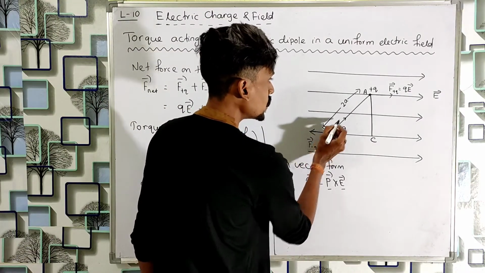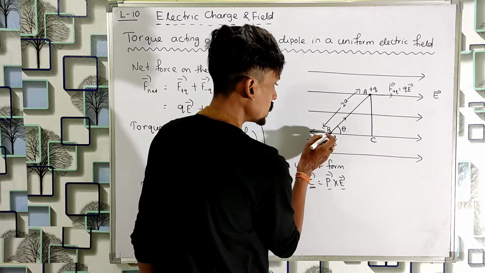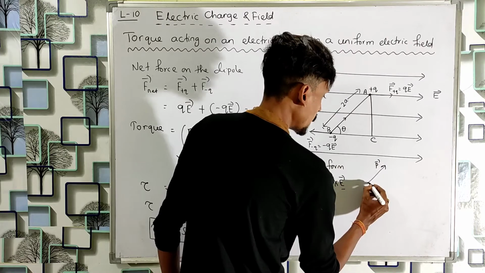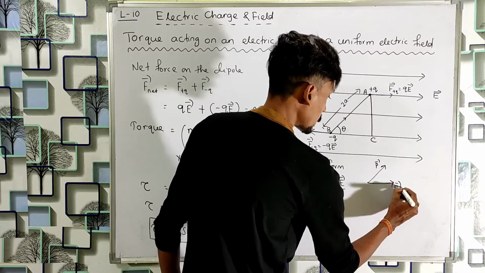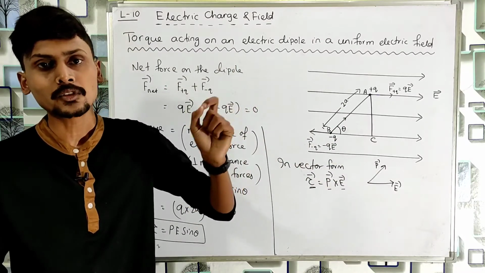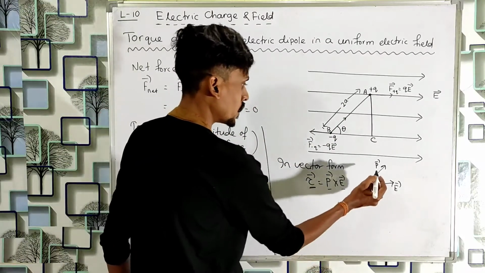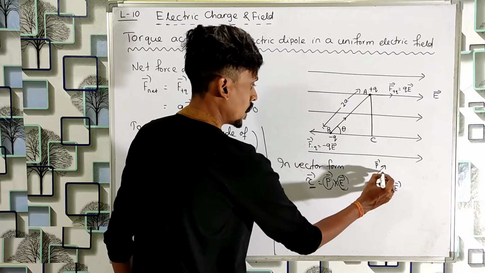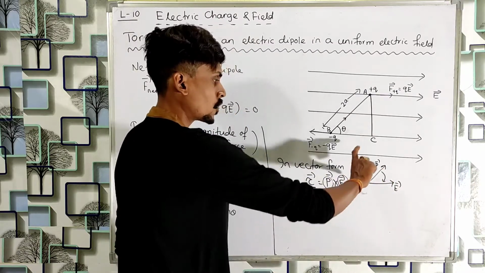P vector is along this direction and E vector is along this direction. So in this case, you have to rotate the first vector, means P vector, towards E vector. And here you have to rotate it clockwise.